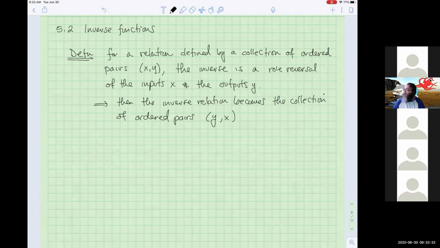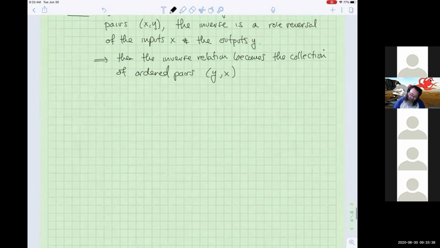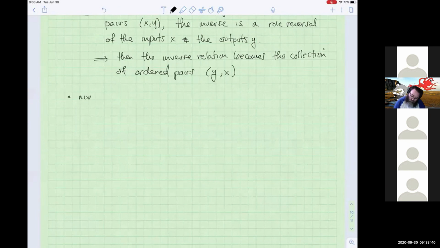So let's take a look at this numerically. One more thing, notation.